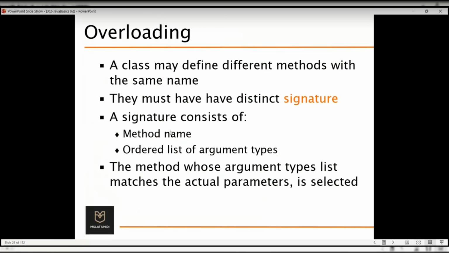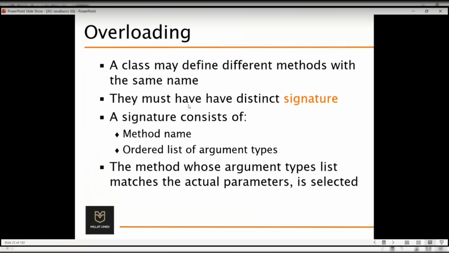So we can have 5 or 10 or hundreds of paint methods inside just one car class. So overloading is which method, among those hundreds of paint methods, can work when we are calling the method. So this is overloading.